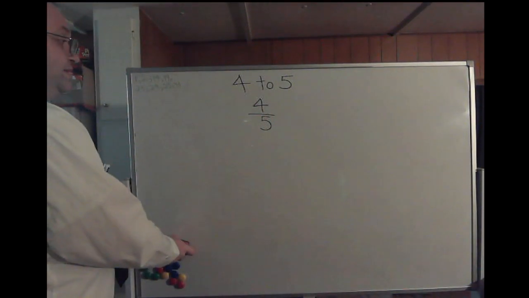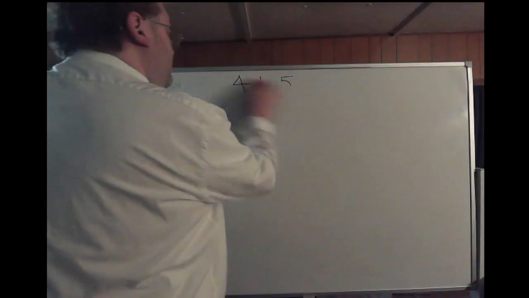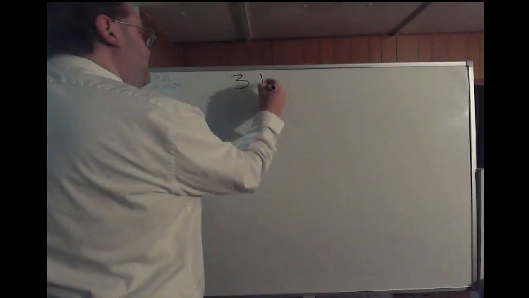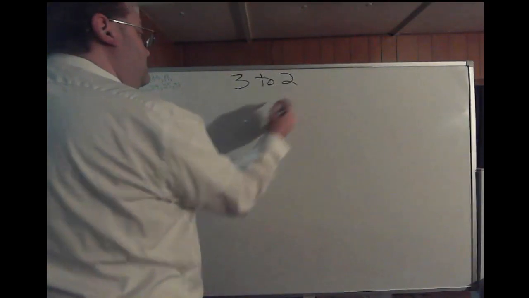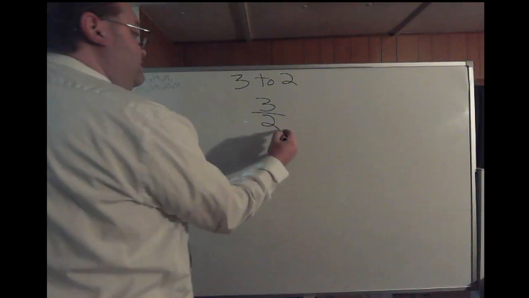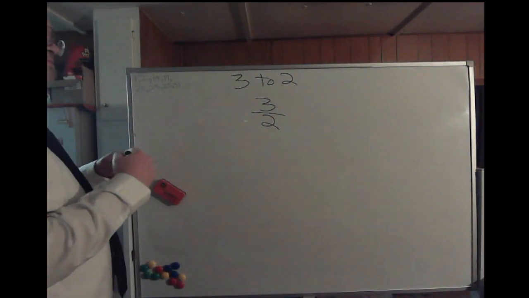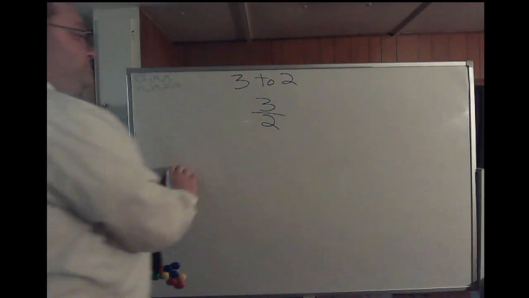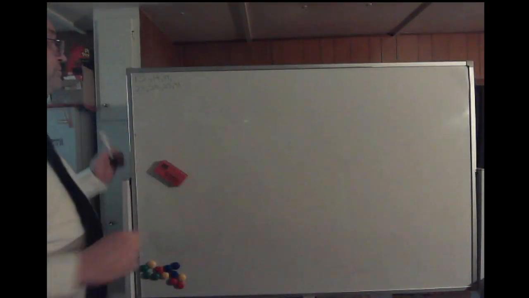Or how about 3 to 2? So 3 would be your numerator, 2 would be your denominator. It's in the ratio of 3 to 2. You're just comparing two quantities, that's all it is. Easy enough, right?